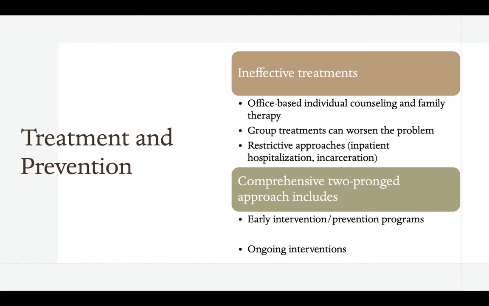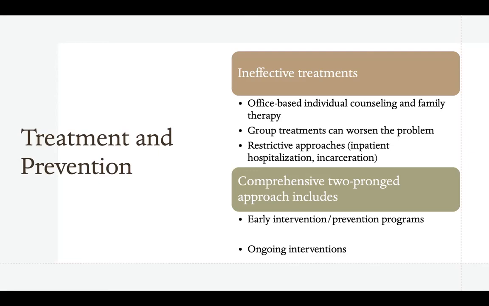So overall parent education classes, child socialization classes, all that plus early intervention, if it does occur, is really important. And then if it does occur, conduct disorder or ASPD, having the ongoing interventions throughout.